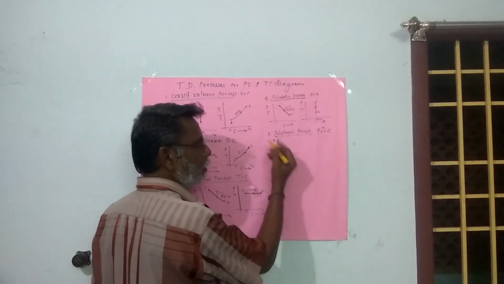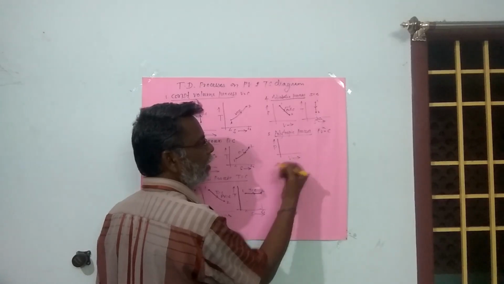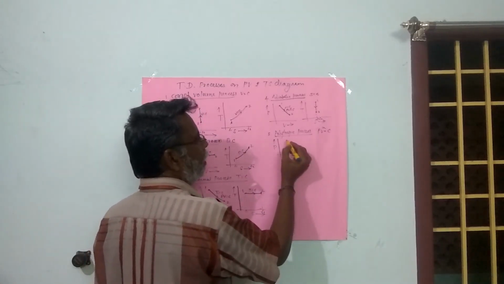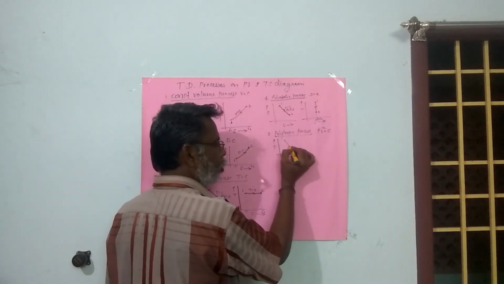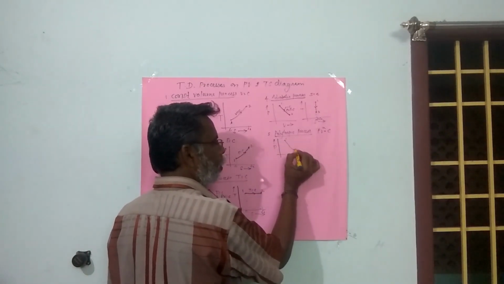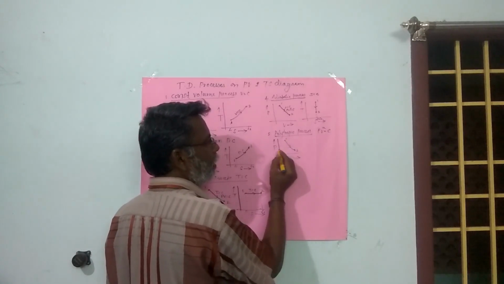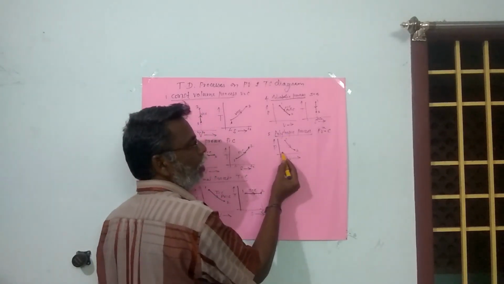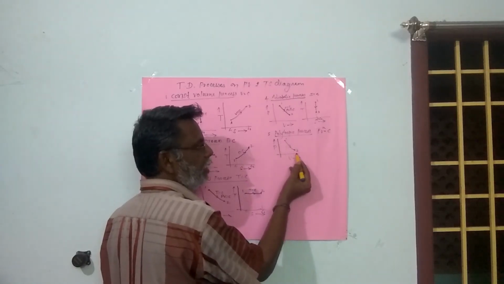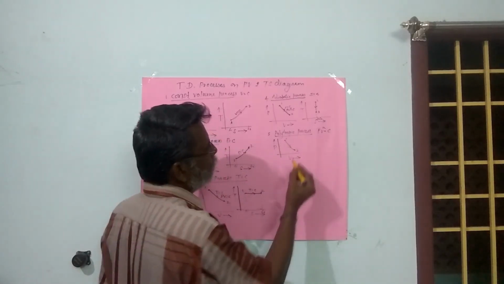Pressure is taken on the y-axis, volume is taken on the x-axis. Since it is a polytropic expansion, there is a drop in pressure from 1 to 2. So this is the initial pressure, which is a higher value, and the final pressure is a lower value. There is an increase in volume due to expansion.